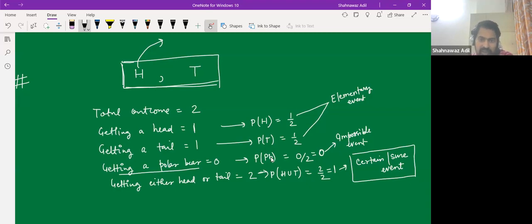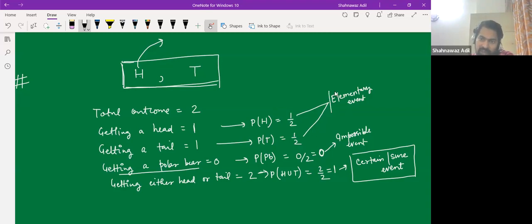But if you are tossing a coin and asking about a polar bear, the probability of getting a polar bear is zero, so that is an impossible event. And the probability of getting a head and of getting a tail have equal chances, 1/2 and 1/2.